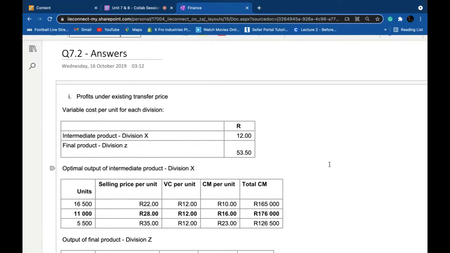This is suboptimal for the group as a whole, as the profit on sale of the final product will be reduced from 272,550 to 250,520 at 5,500 units. The 250,520 can be allocated between the divisions as follows.